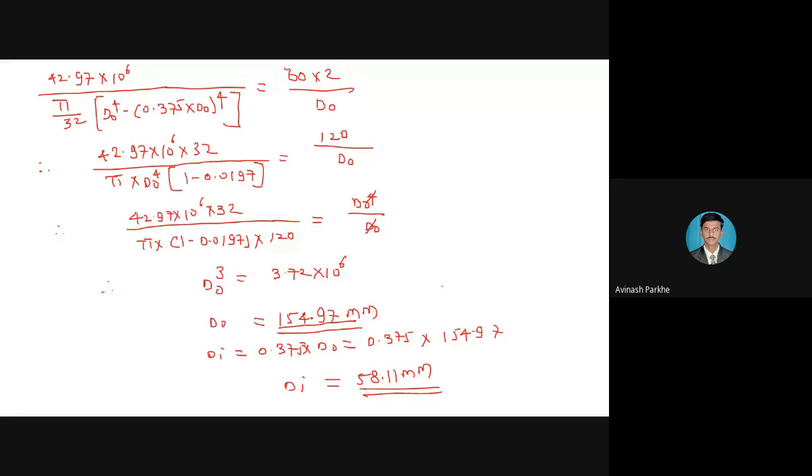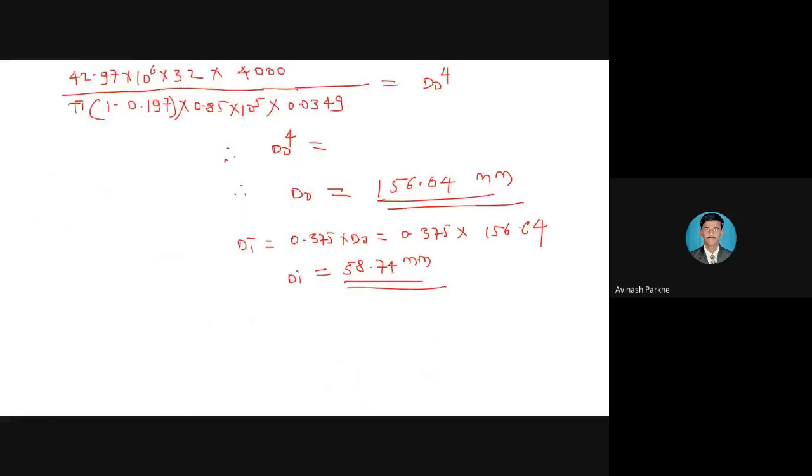Now compare both the answers. As per our statement, the suitable diameter is always the maximum value obtained from both conditions. So from which condition will the diameters be maximum? Please tell me, based on the angle of twist or based on the shear stress? Angle of twist, yes.